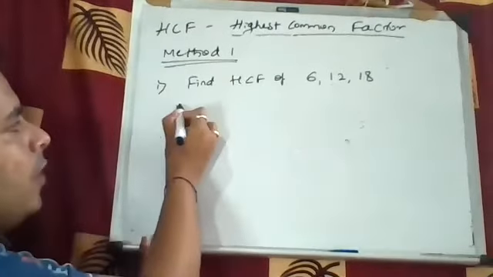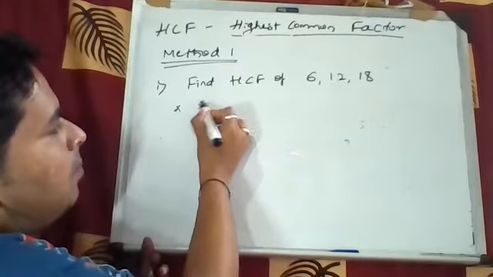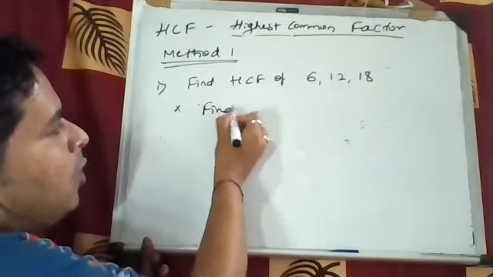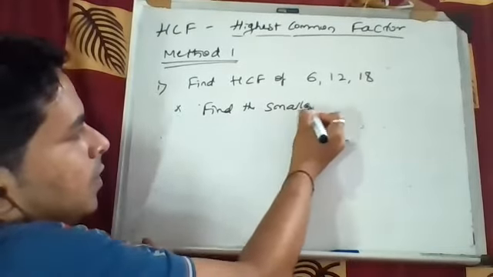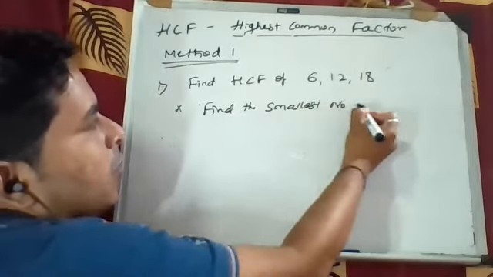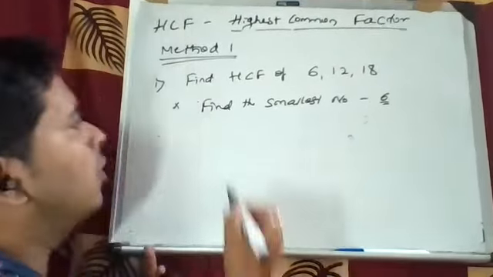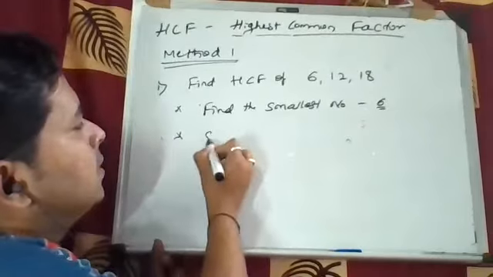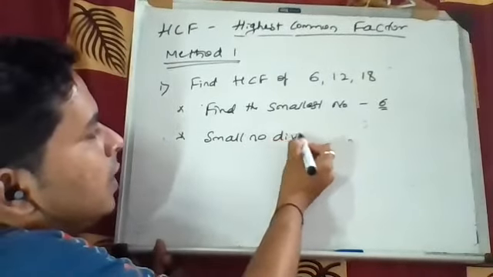First step: find the smallest number. So the smallest number here is 6. Then what do we have to do? Check whether the smallest number divides all the rest of the numbers.